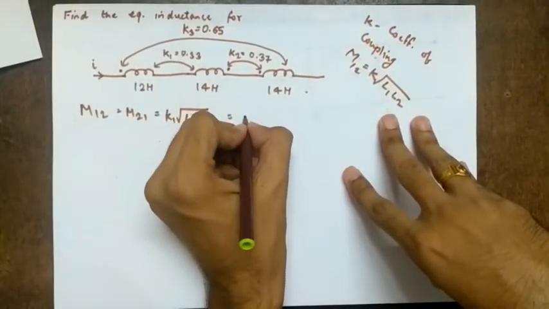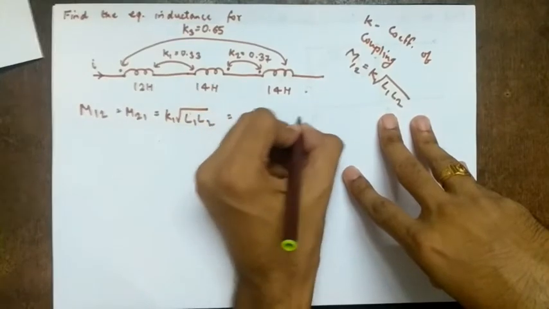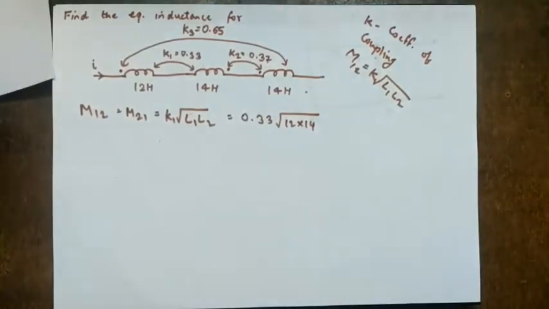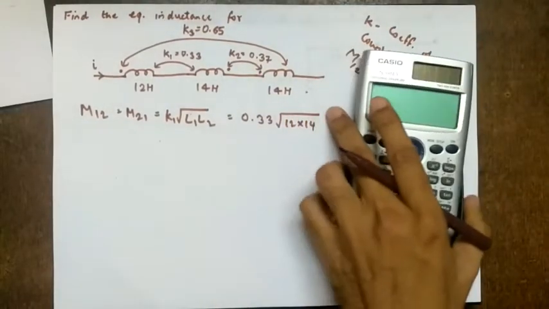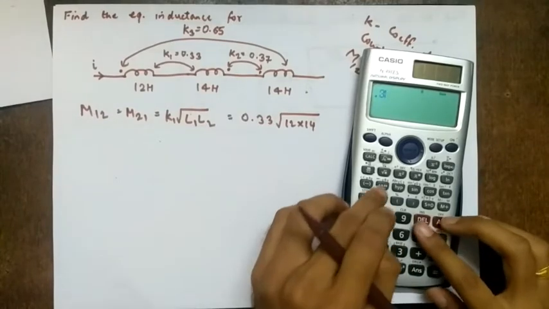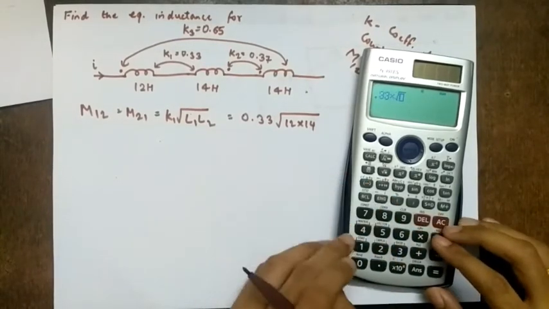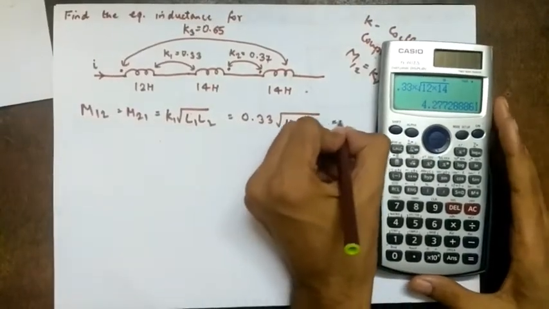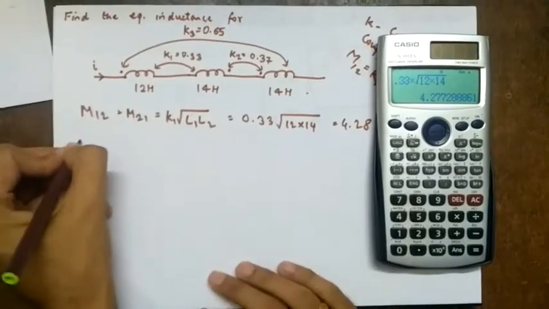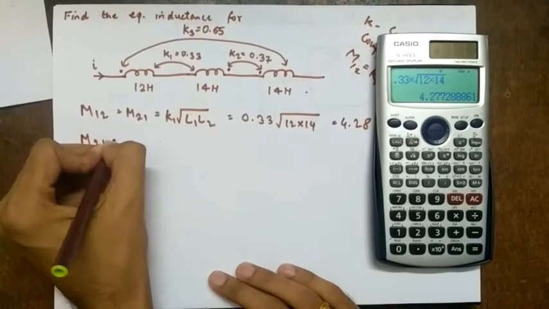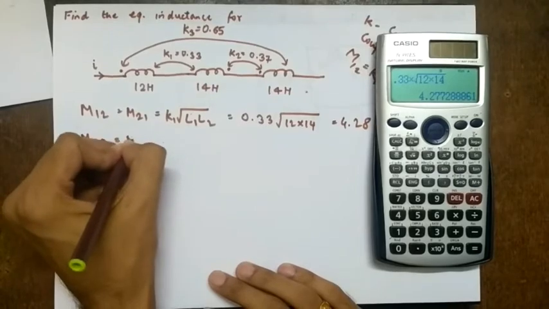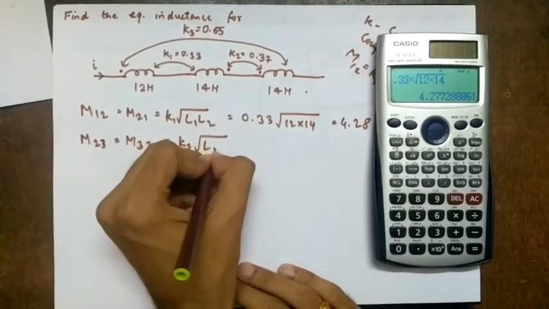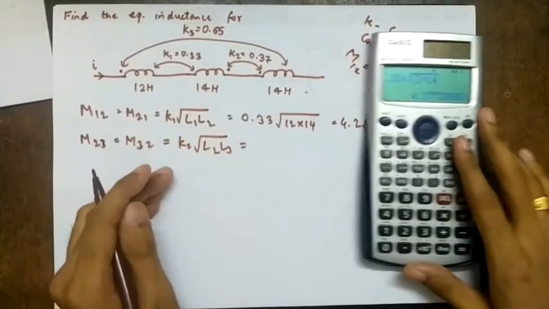So what will it be? K1 is 0.3333 into square root of 12 into 14, which is 4.28. Similarly, M23 equal to M32 equal to K2 root L2 L3. I'll directly substitute now.